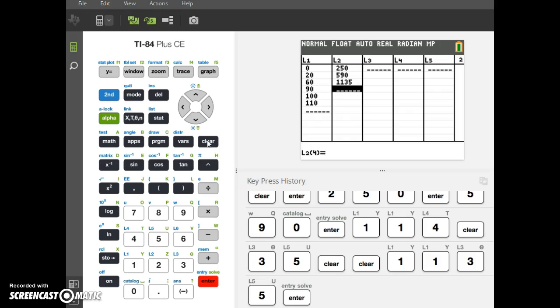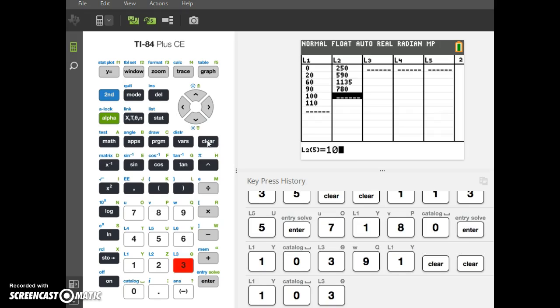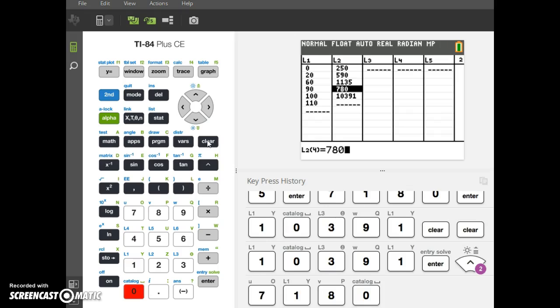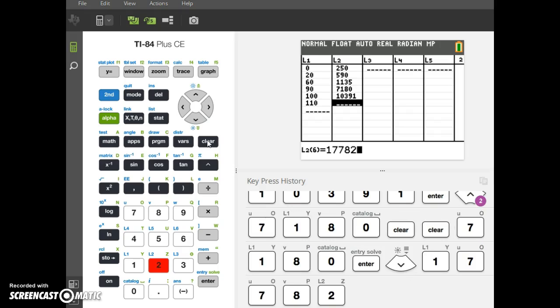There we go. 7180, 10,391. Type a little slower. There we go. And I messed up here. 7180. All right, there we go. And our final data point is 17,782. All right, now we've got all that data in.